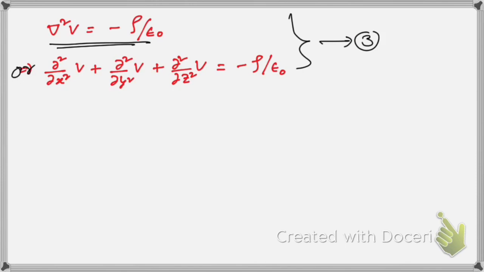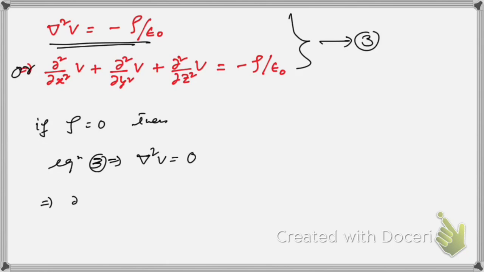Now let us write the Laplace equation. If the volume charge density is 0, if rho is equal to 0, then equation number 3 implies the sum of the second derivatives is equal to 0, or you can write in this form.